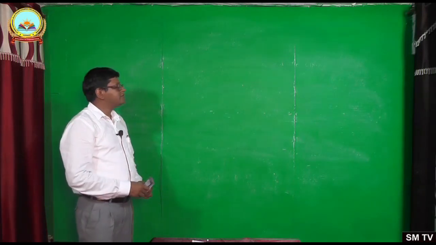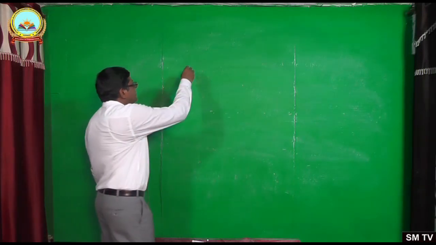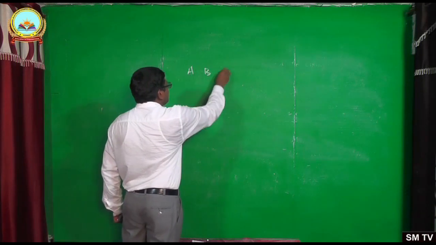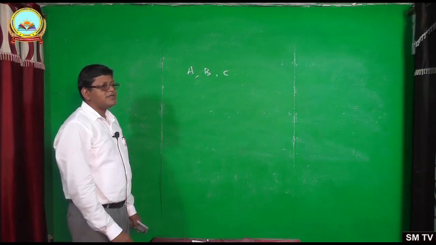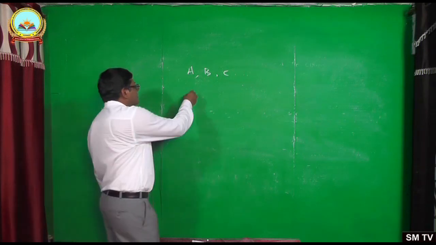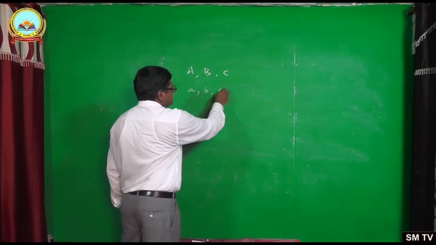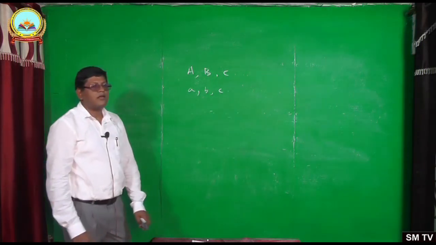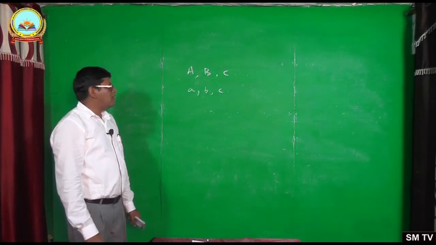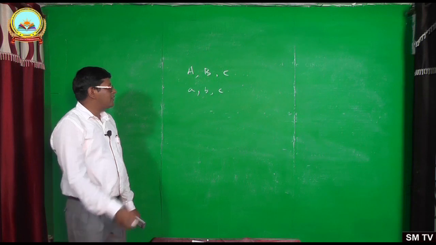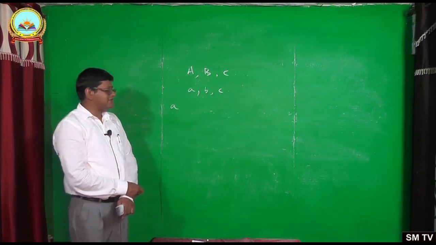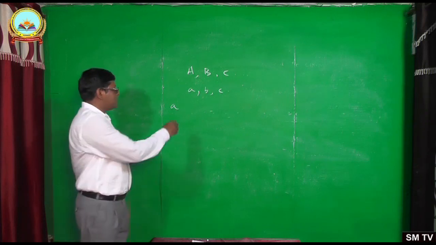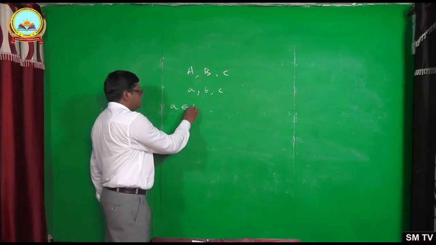Sets are usually denoted by capital letters A, B, C, etc., and elements of a set are denoted by small letters a, b, c, etc. If a is an element of a set A, then we write that in symbols like this.